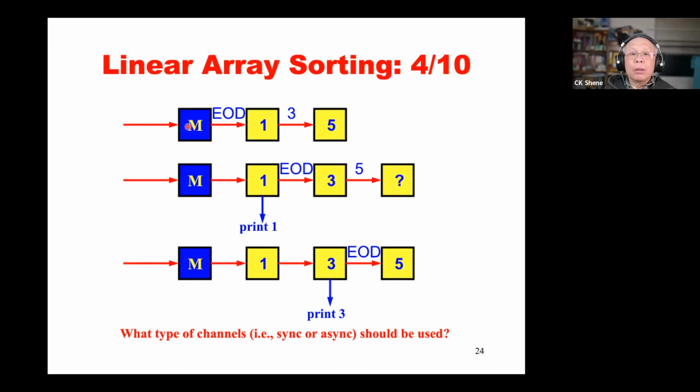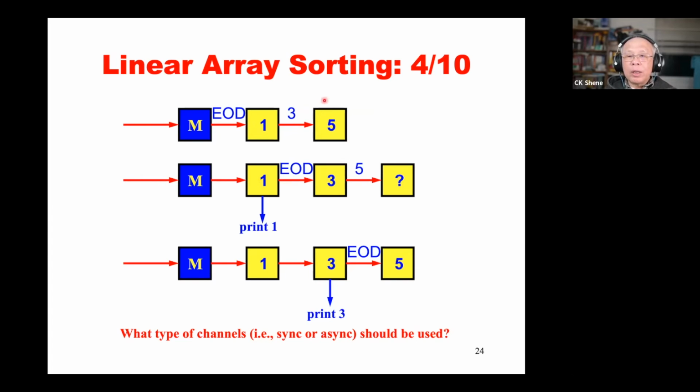Meanwhile, the master thread gets the end of the data, but the end of the data is still not there at the first sorting thread yet. Then, when the first sorting thread receives end of the data, it knows the number it holds is the smallest, and then passes end of the data to the next one.